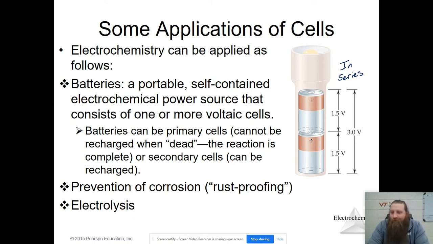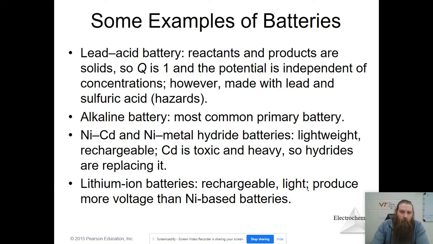Basically, it's like linking the voltaic cells together, so these add up. In this flashlight, we have 3 total volts in our 2 batteries. Now, we'll also talk about corrosion and rust-proofing and a little on the stoichiometry of electrolysis in this video. So let's look at some batteries.